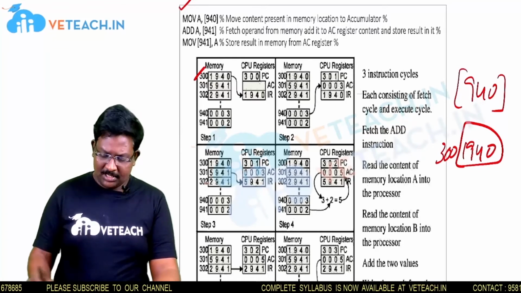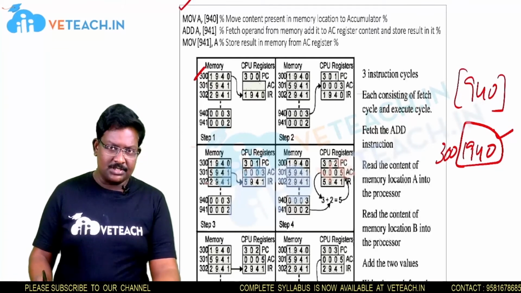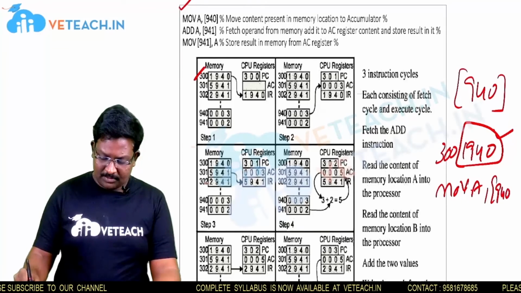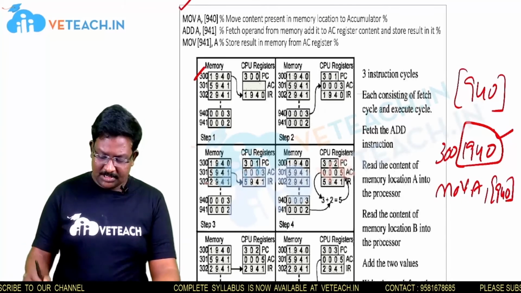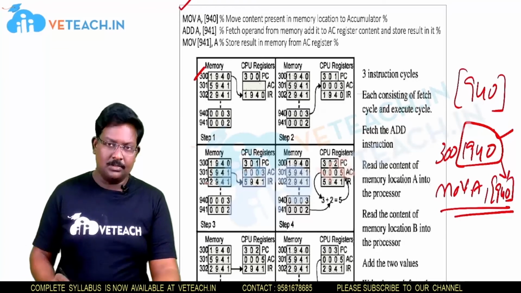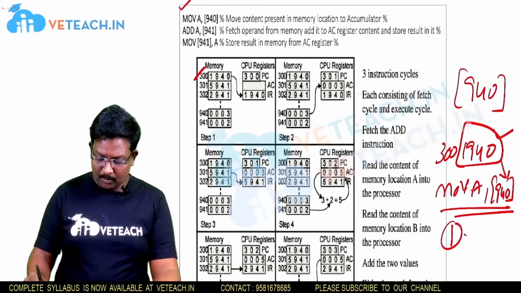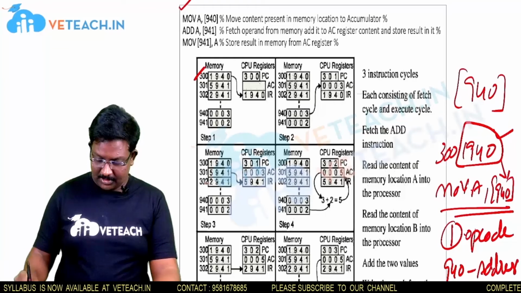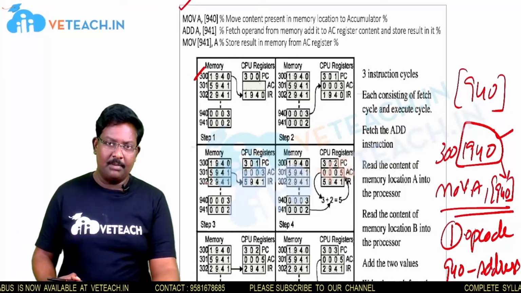Let us consider this is the hexadecimal code of the instruction move A comma within square brackets 940. Here 1 represents the opcode and 940 represents the memory address.